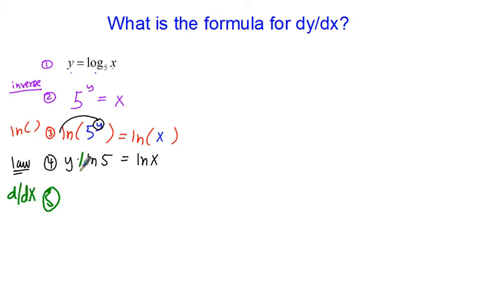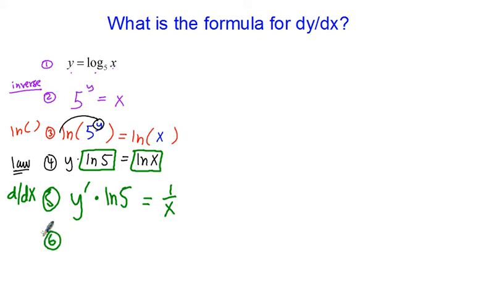Once again, log 5 is just the number 1.61. It's just a constant, so we can use the constant rule here. We get the derivative of y times that constant. And on the right side, we get the derivative of log x, which we've seen before, has the simple formula 1 over x. Now we're just going to solve.